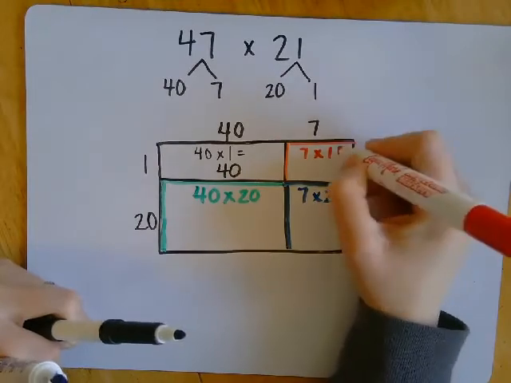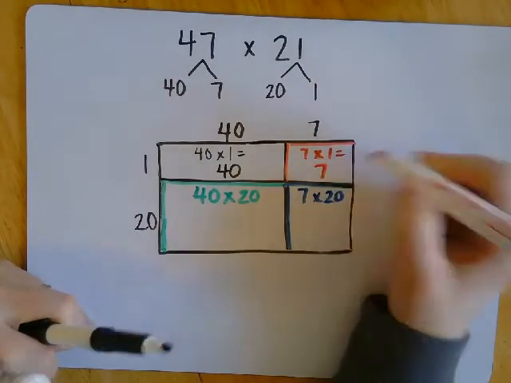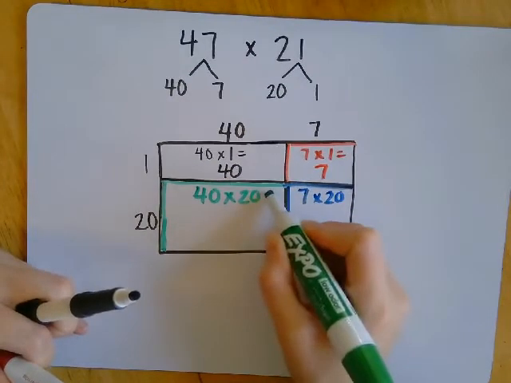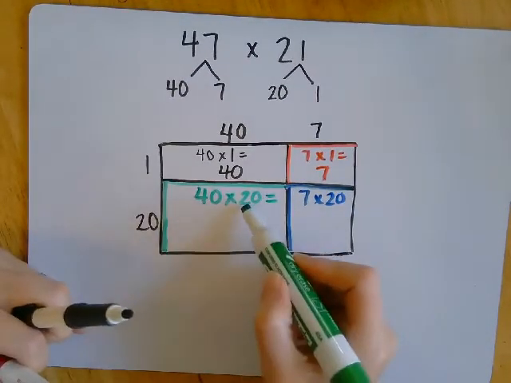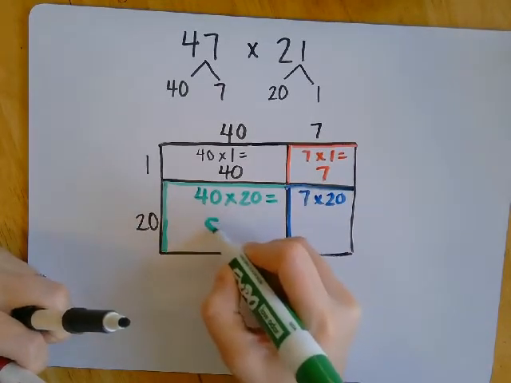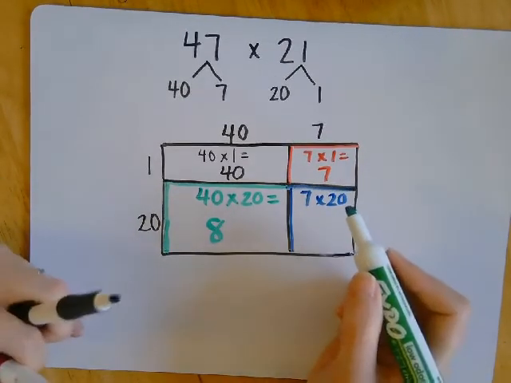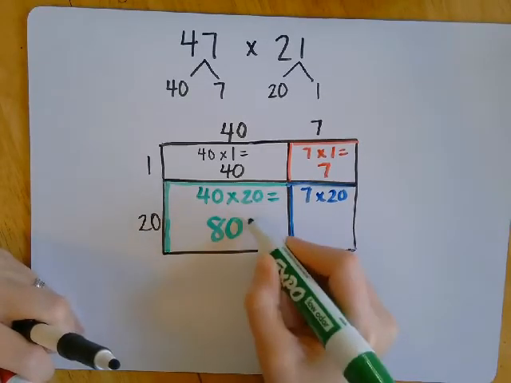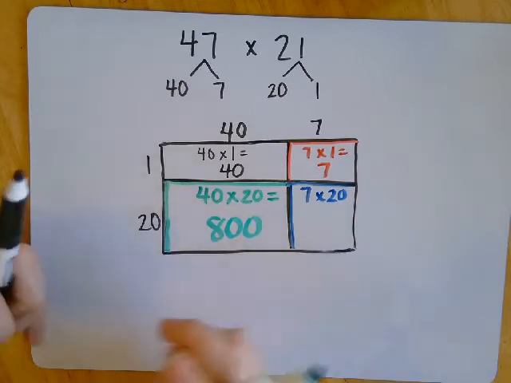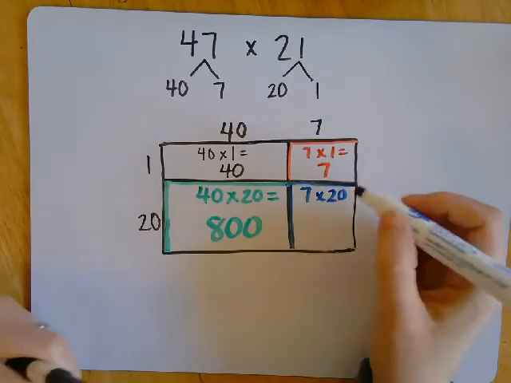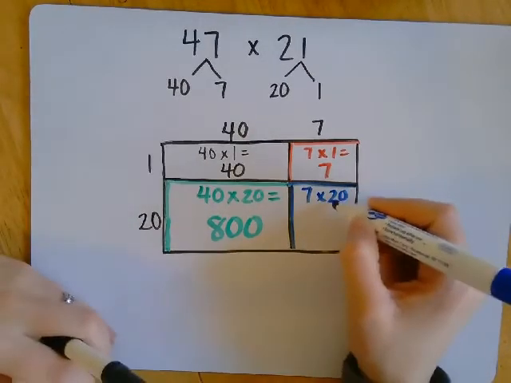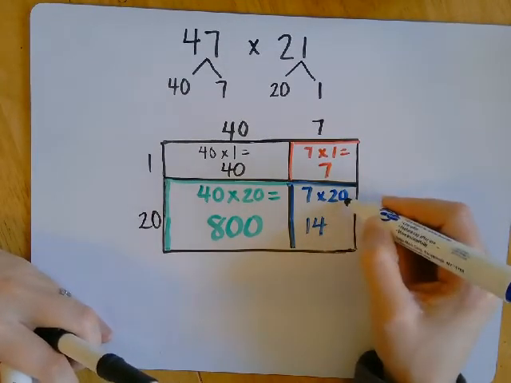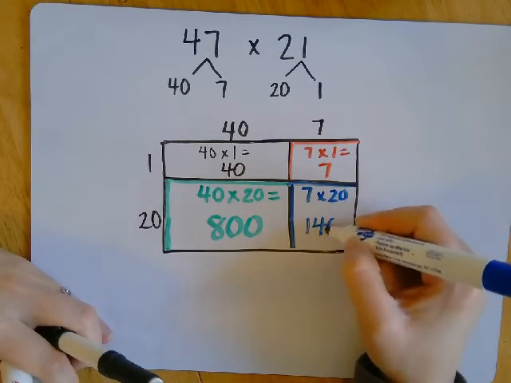I know that 7 times 1 equals 7. 40 times 20, if I think of this as 4 times 2, which is 8, and because I'm multiplying 2 tens together, I need to add 2 zeros in my answer. Lastly, I need to multiply 7 times 20. I can think of this as 7 times 2, which is 14, but because I am multiplying by a 10, I need to add 1 zero in my answer.